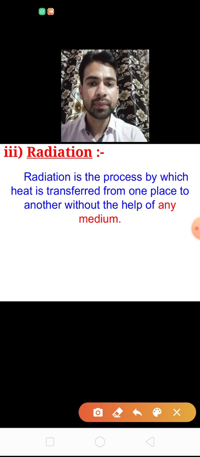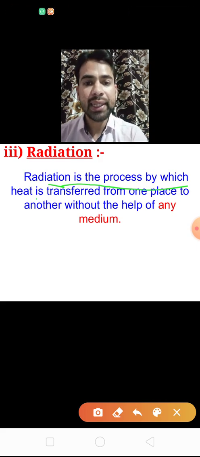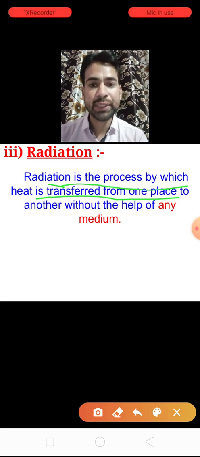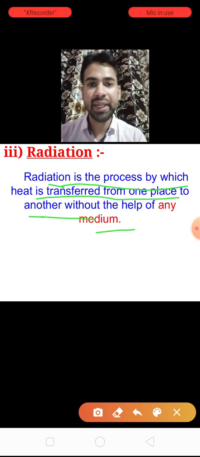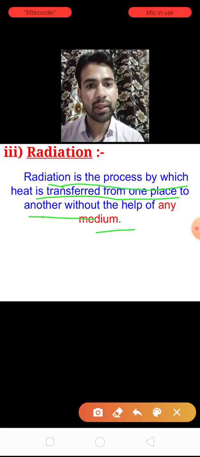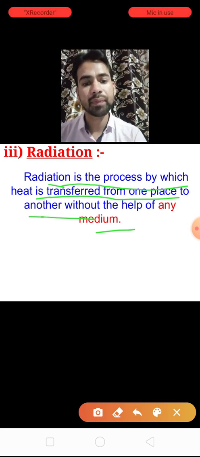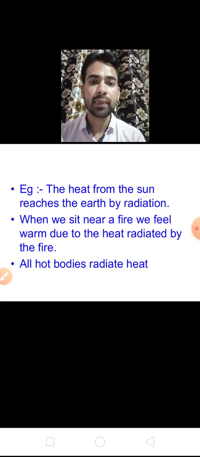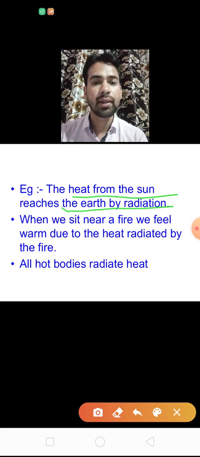The best example of radiation is the sun. The sunlight coming from the sun to the earth doesn't require any medium. It reaches the earth directly from the sun. This is radiation.